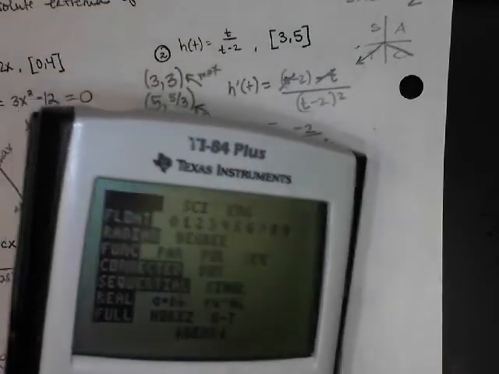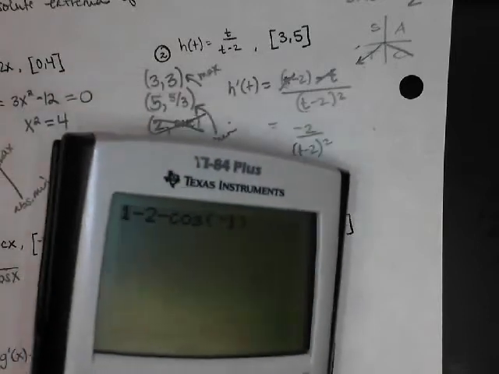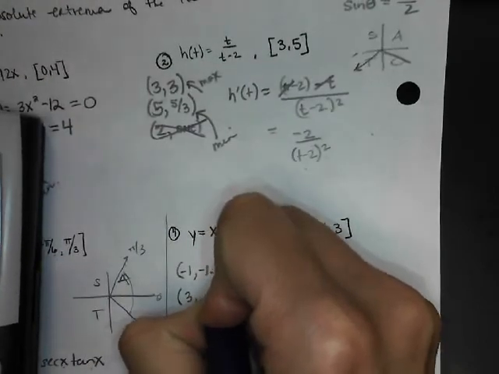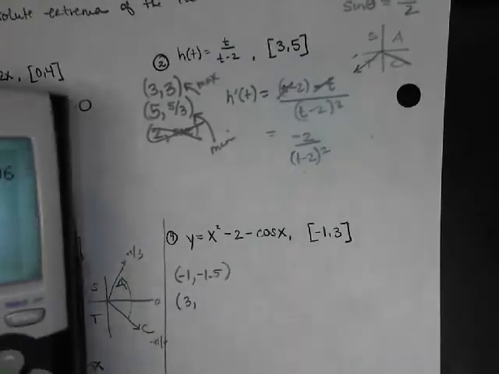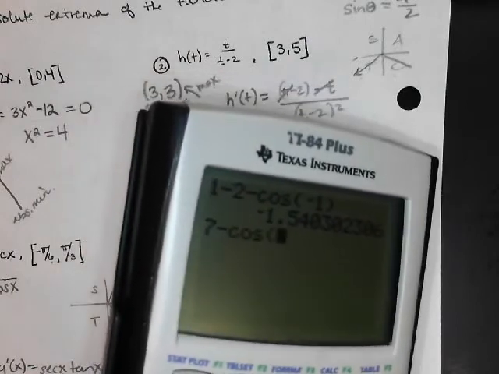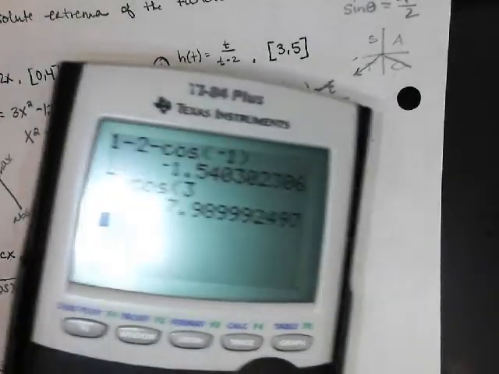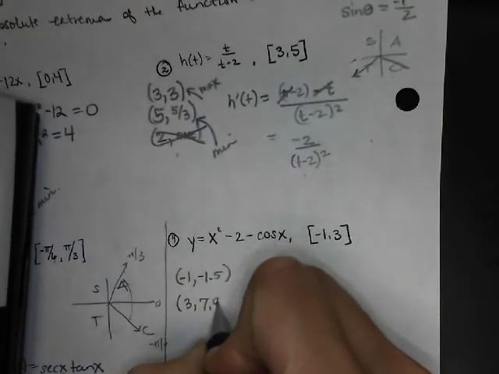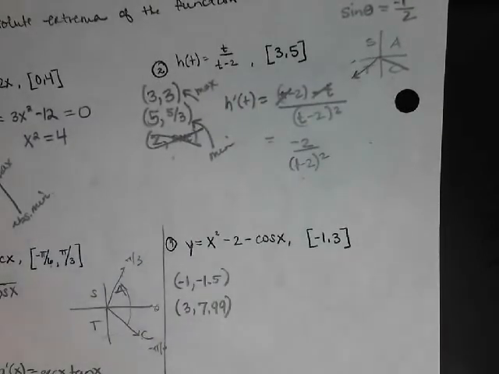And I'm going to bet we need to be in radians, okay? So that gives me -1.5. If I plug in 3, I'm going to get 9 minus 2, which is 7. 7 minus the cosine of 3 is 7.99.